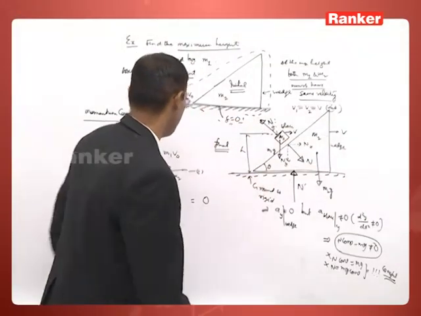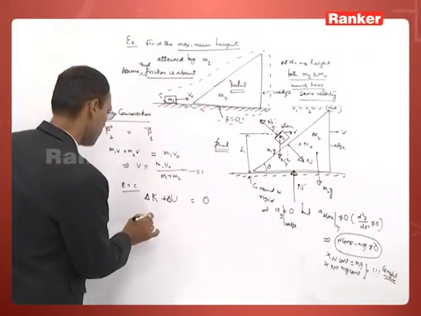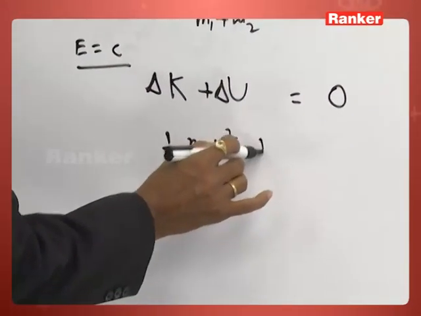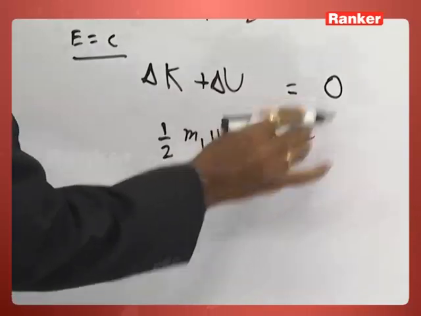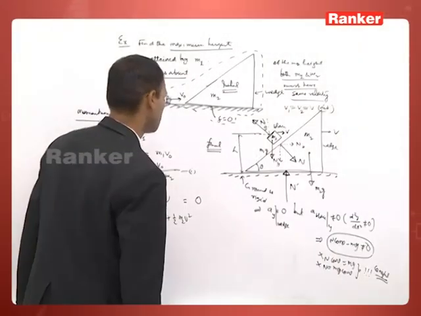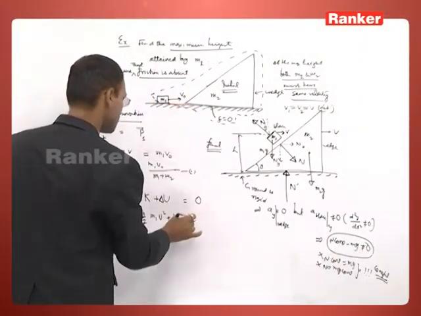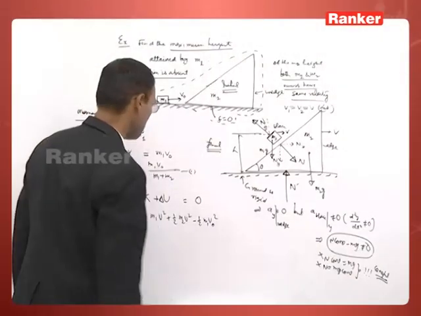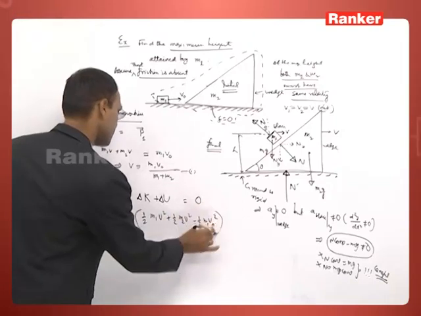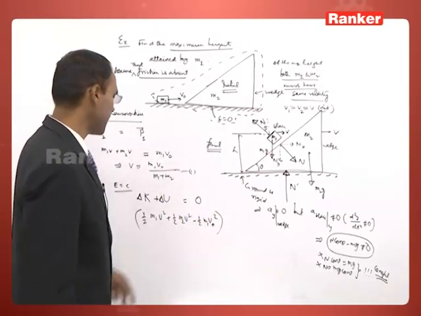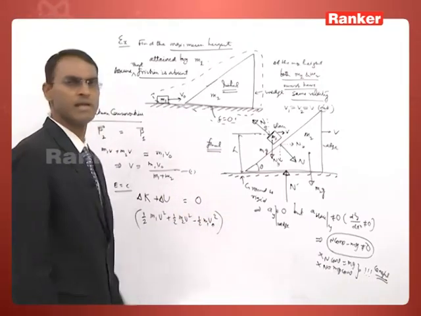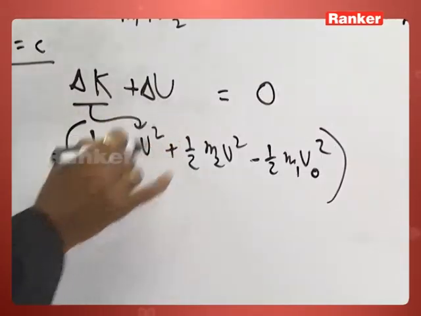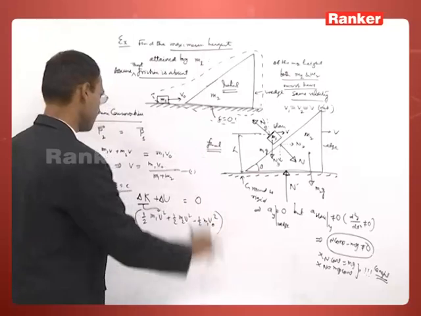Final kinetic energy will be equal to half m1v square plus half m2v square. Initial kinetic energy is just half m1v0 square. This is the change in kinetic energy. Change is always final minus initial.